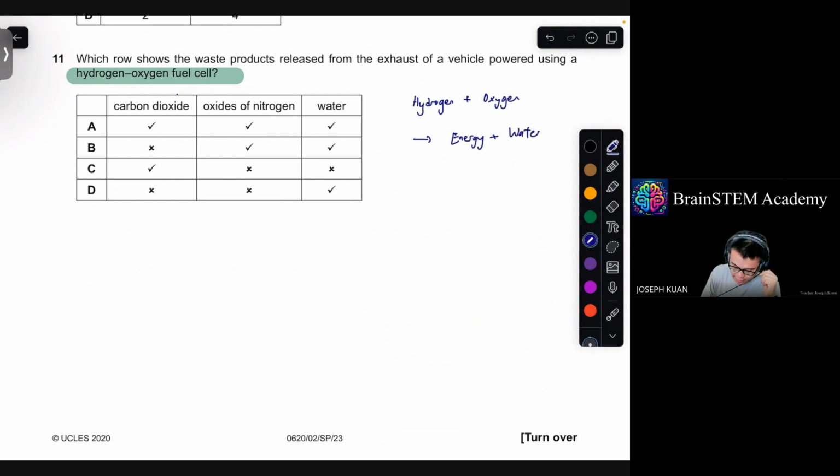So there's no carbon dioxide whatsoever. We can eliminate A and also C as the answers. And there are absolutely no oxides of nitrogen and only water, so the answer is D. Pretty straightforward.